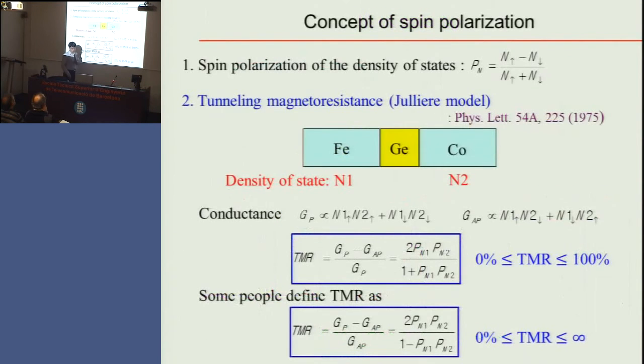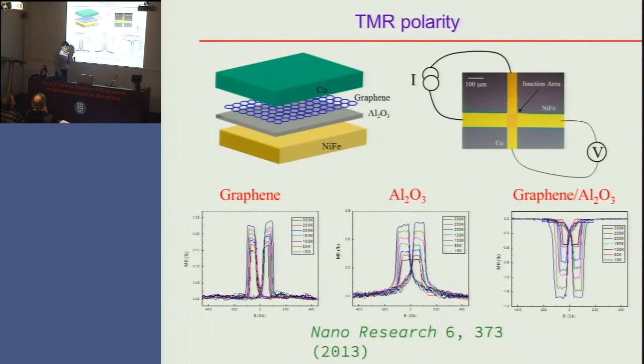Yeah, this is the introduction so far. Let me introduce a real story here using two-dimensional materials. What kind of TMR do we expect here? So far, conventional TMR. From now on, I'm talking about using two-dimensional materials. One side of the ferromagnetic material is nickel, the other side is cobalt.